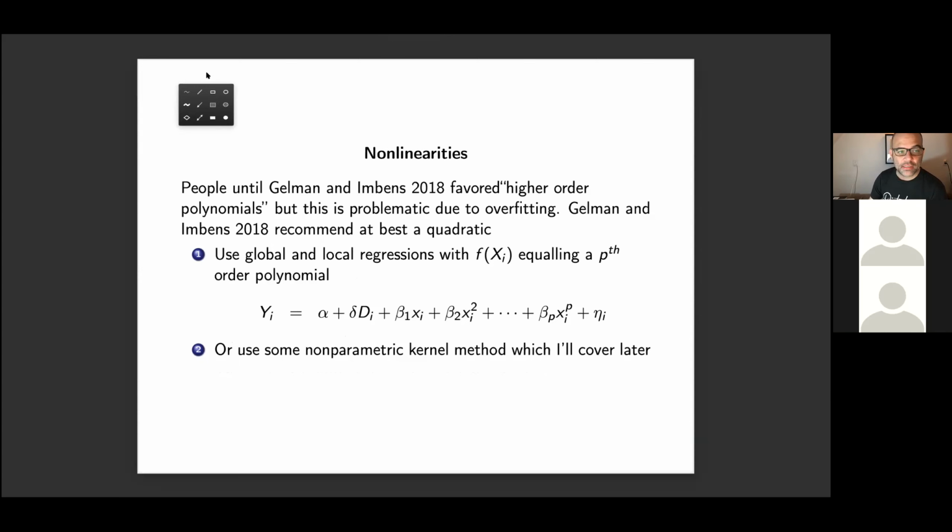One is, like I said, use all the data and have f of x equal a pth order polynomial. That would be this right here. All right, estimate that model, and then when you estimate that model, this becomes your causal effect at the cutoff. And an alternative is to use non-parametric kernel methods. Okay, so there's basically two ways to go about it.